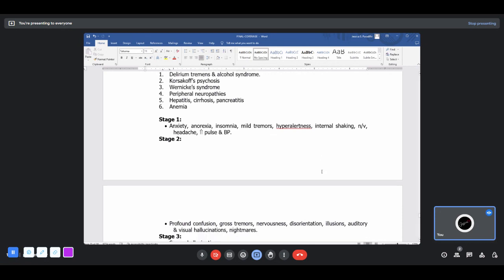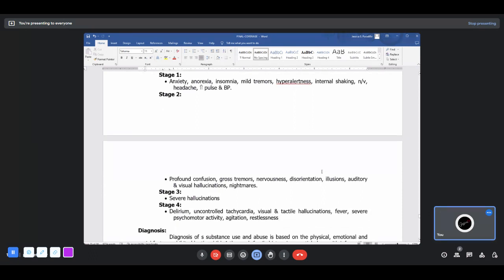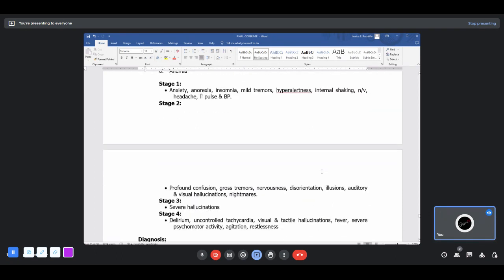Okay, we have stage 1, stage 2, stage 3, and stage 4. Stage 1, there is anxiety, anorexia, an eating disorder, insomnia, they have difficulty sleeping, mild tremors, rhythmic shaking, hyper-alertness, internal shaking, nausea and vomiting.